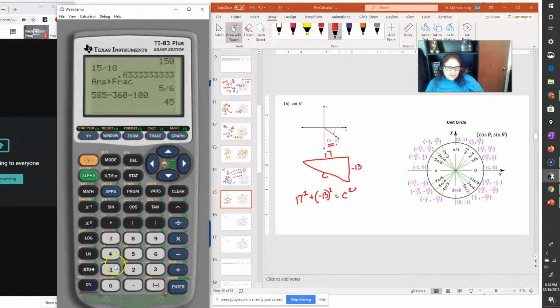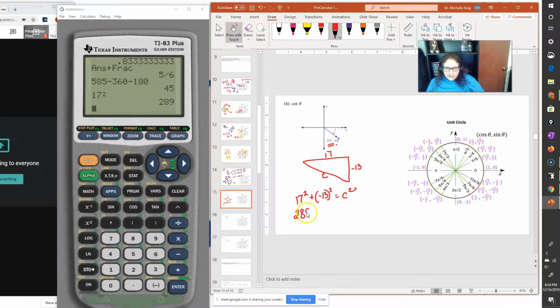I think 17 squared is 284. Oop, good thing I checked. 289 plus 169 equals c squared. 289 plus 169 gives me 458. And then when we take the square root, we get a really ugly number.